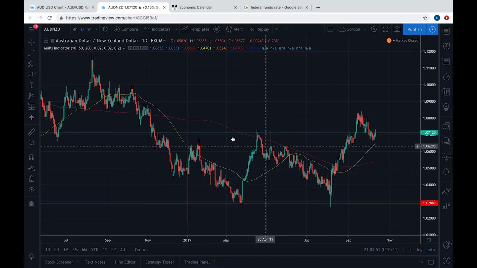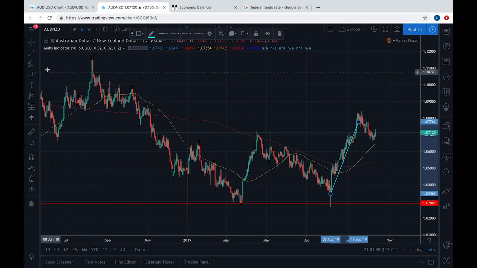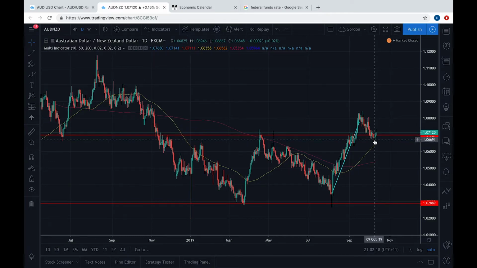More recently, we've seen a strong bull run from August to September, and this is testing the long-term resistance line at 1.069. We can see this is a resistance line because it was tested in November 2018, also April, and more recently in September and October.